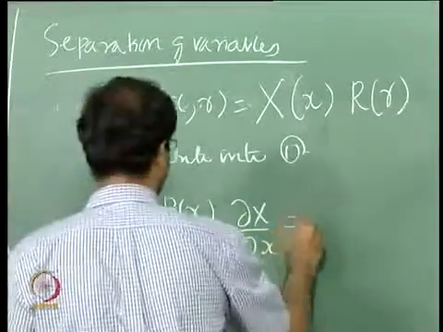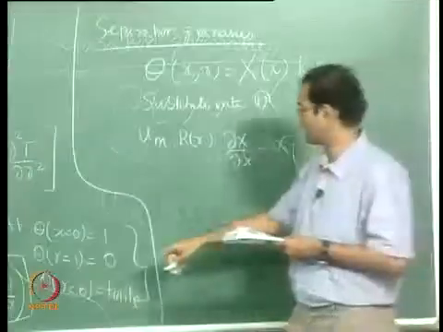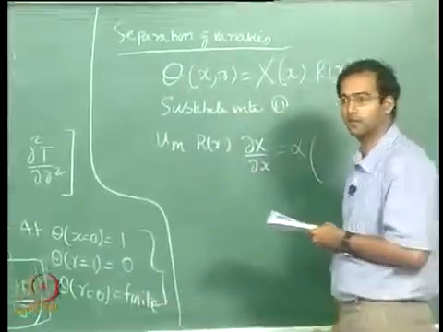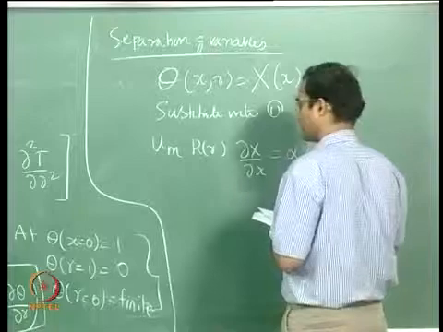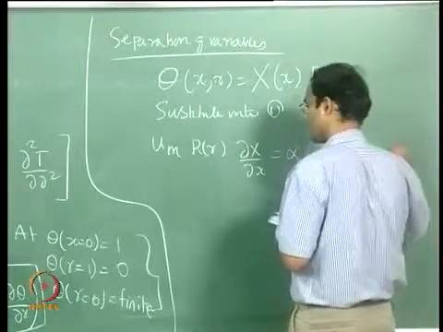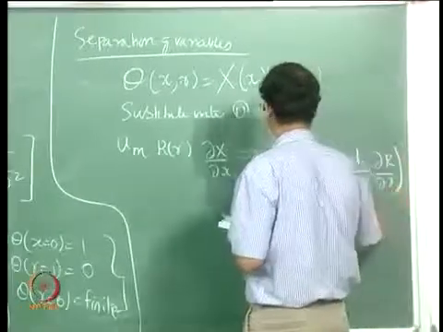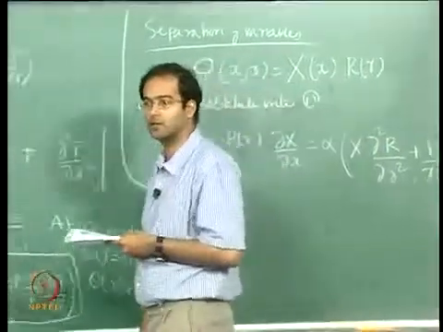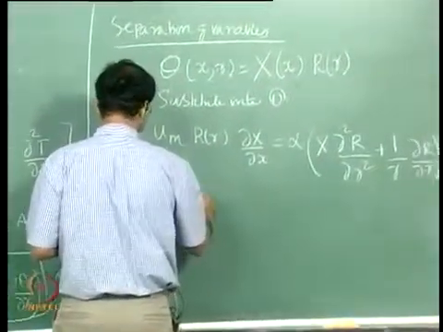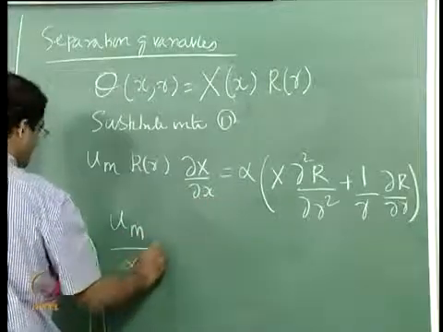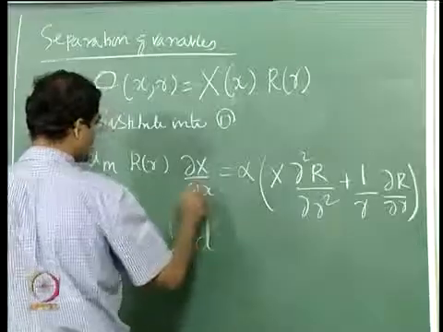On the right hand side, when you differentiate with respect to r, X will be constant, so you have X times d square R by dr square plus 1 by r dR by dr. Now I divide both sides by capital X into capital R. So this will be 1 by alpha, 1 by X dX by dx.